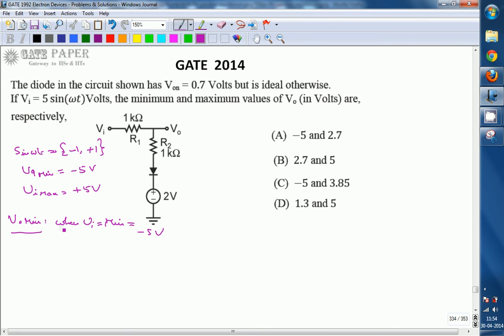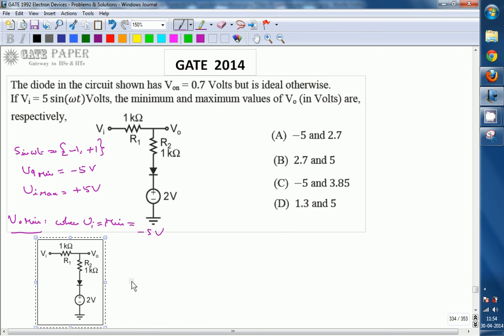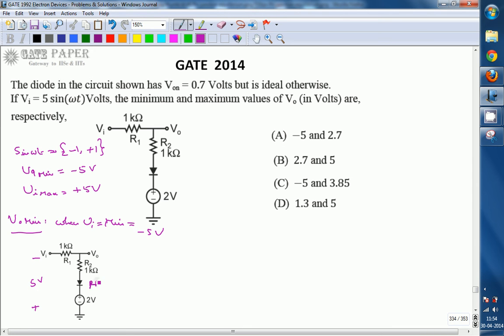So look at the circuit diagram. For this circuit, if Vi is minimum, here it is minus and it is plus, 5 volts you are applying. By that time the diode becomes reverse biased, because the P side is connected to the negative terminal and the N side is connected to the positive terminal.